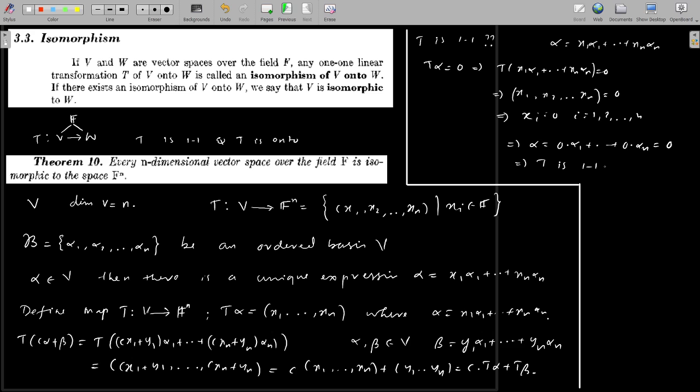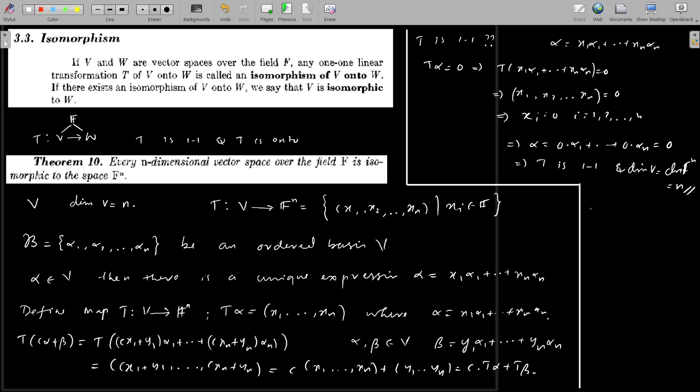T is 1-1, and along with the condition that the dimension of V and the dimension of Fn are both equal to n. Okay, now we are given that dimension of V is n and dimension of Fn is also n. Then we get that one-oneness implies invertibility.